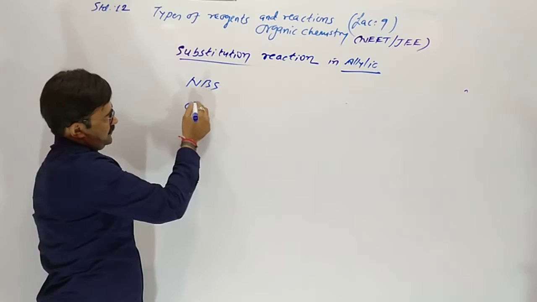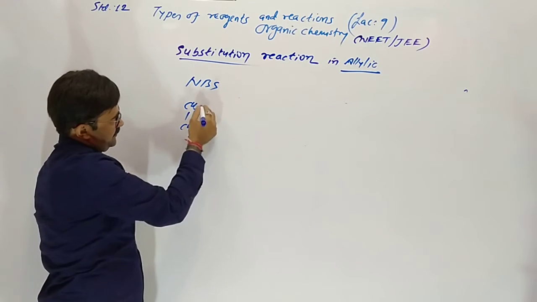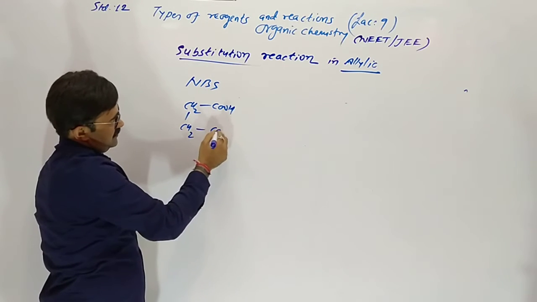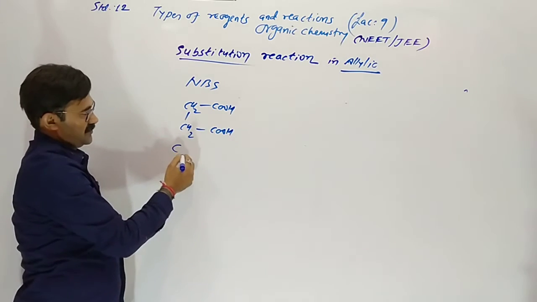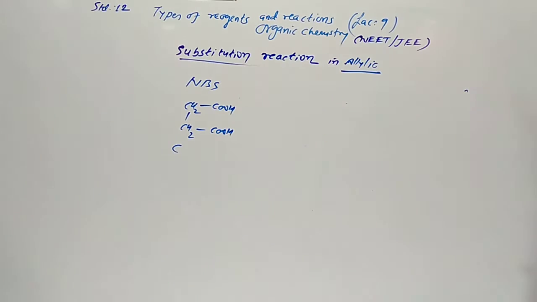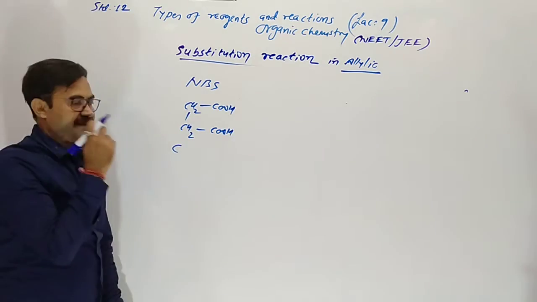NBS: first of all, succinic acid, everybody knows. Actually, the IUPAC name of it is 1,4-butane-dioic acid. This is succinic acid.